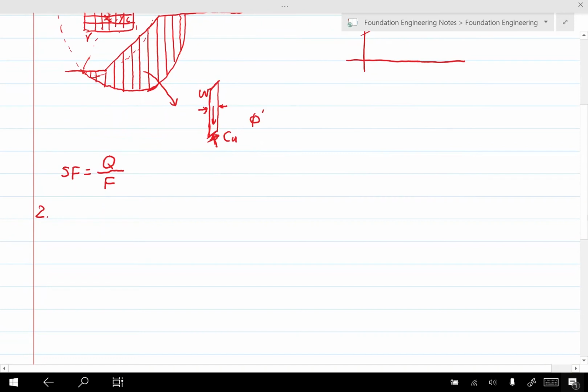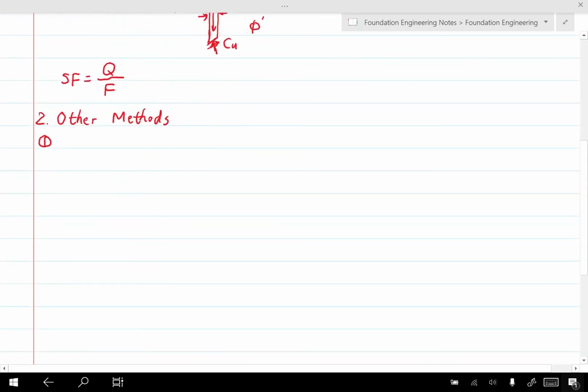We still have two other categories of methods that you will possibly see if you will be working on some slope stability analysis projects. One category of method is called the strength reduction method.